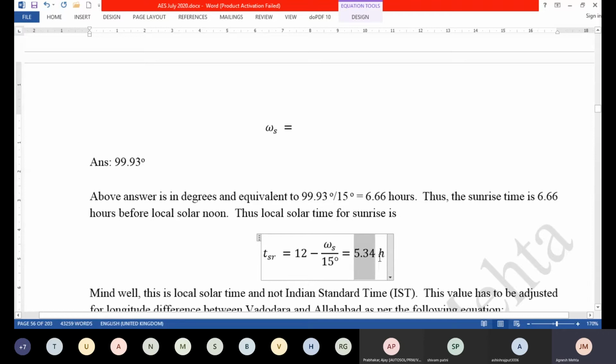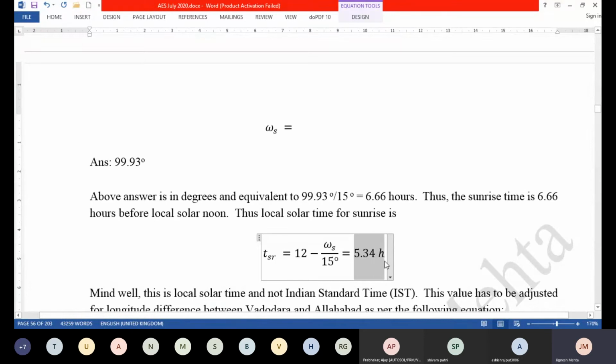If you want to get Indian Standard Time, then you have to put this in the formula for local apparent time, and you have to get Indian Standard Time. It is an opposite exercise that you have to do if you want to get the time in your watch, right? This is local apparent time.